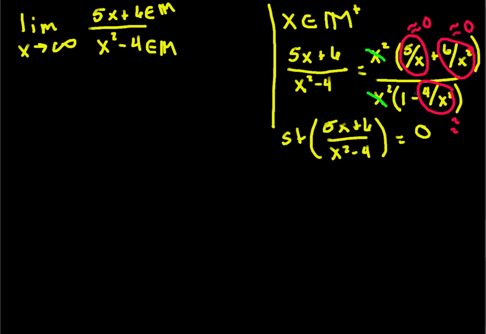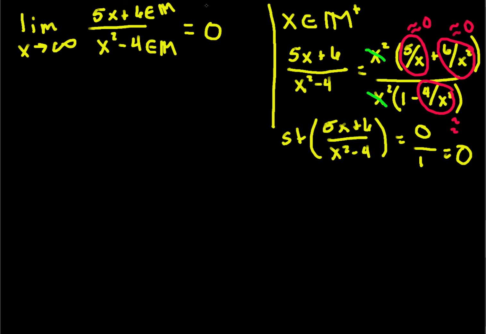And the bottom is infinitesimally close to 1, so it's divided by 1, which we know to be 0. So when x is an infinite positive number, the standard part of this ratio is 0, and now we can say this limit is equal to 0. So the limit as x approaches infinity of 5x plus 6 divided by x squared minus 4 is 0.